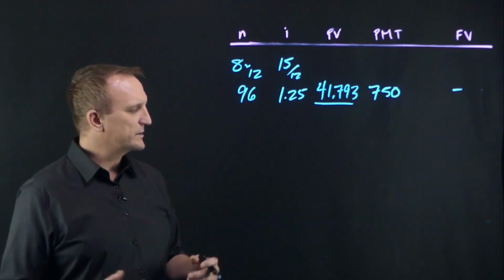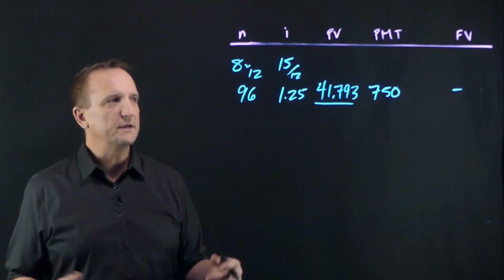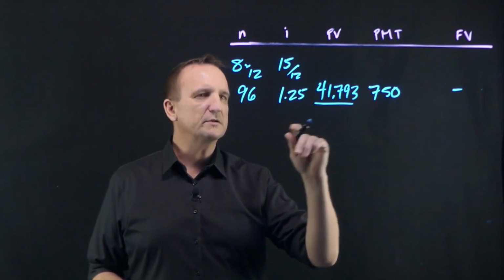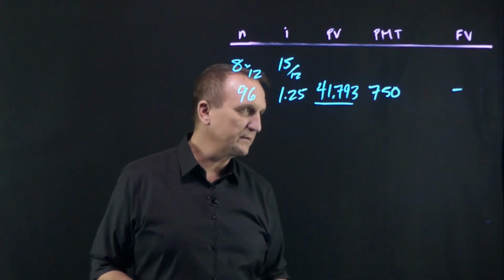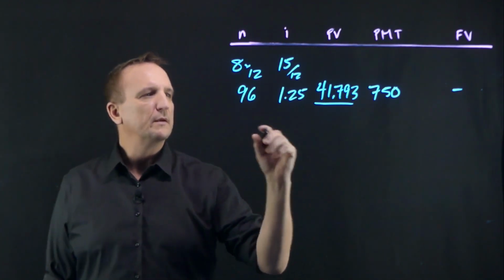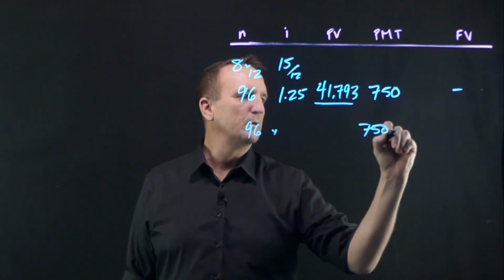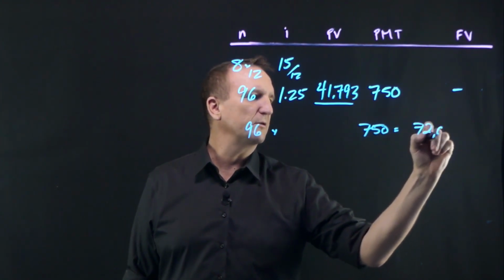The next part is, what's the total amount of cash that we're going to get on this deal? Well, that's pretty easy. It's $750 times 96. And if we multiply that, we get 96 times 750 equals $72,000.